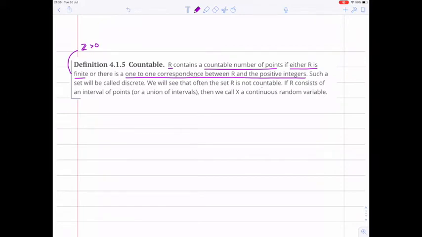So for example, if you tried to count all the heights between 1.5 meters and 1.6 meters, you want all the heights in between there, you can't do that. You can't enumerate them. So that's an example of something that is not countable. So if R consists of something that's not countable, we will usually call it a continuous random variable.